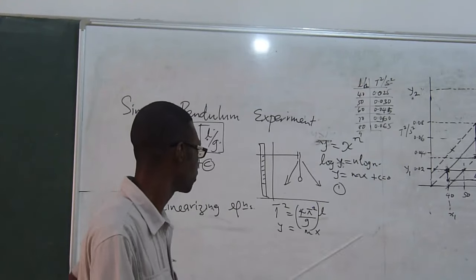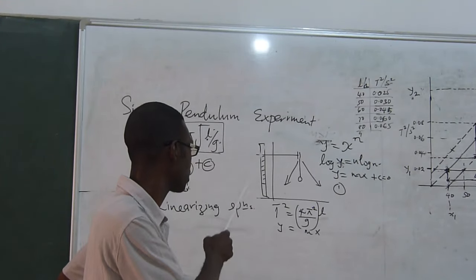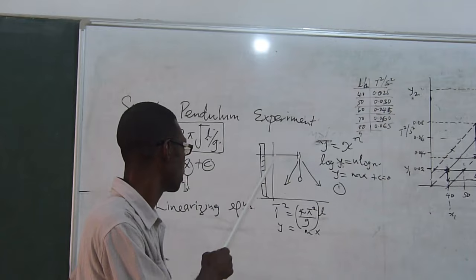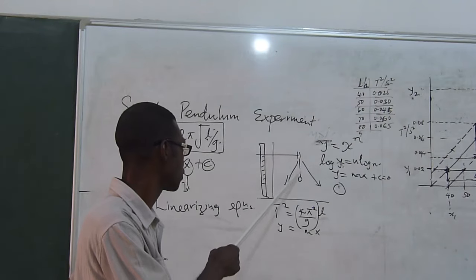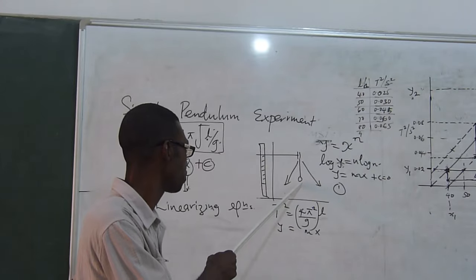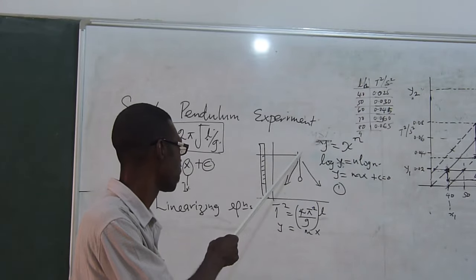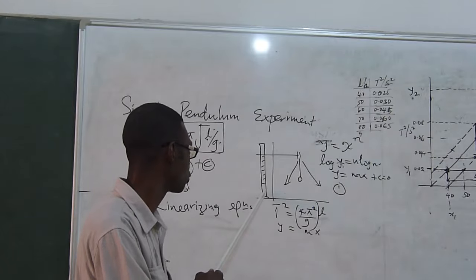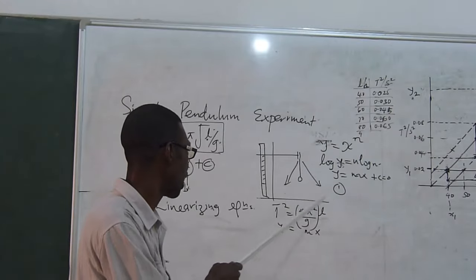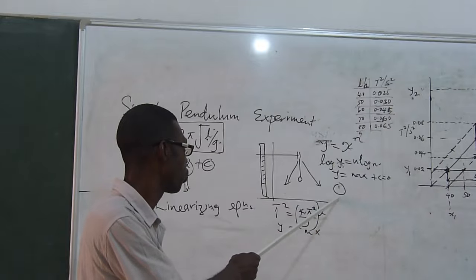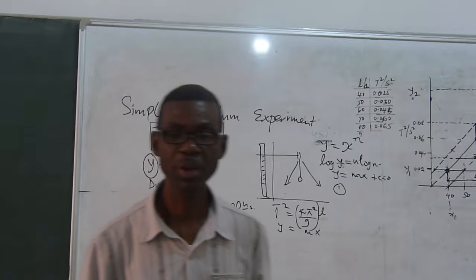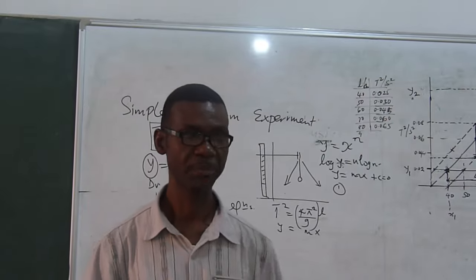Alright, so the procedural setup for the experiment looks like this. This is a retort stand. This is a pendulum suspended with the head of a split cork and clamp. And then you have a ruler that you use to measure the length, and then you have your stopwatch that you can use to measure the time. So when you do this experiment, you are expected to take the time.